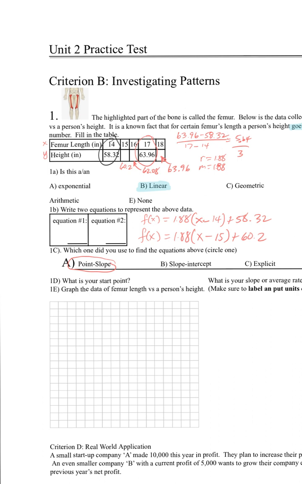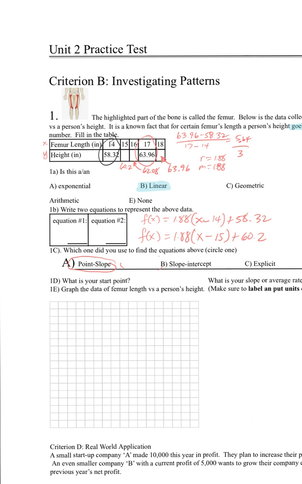The start point is 14, 58.32, and our slope is down here.